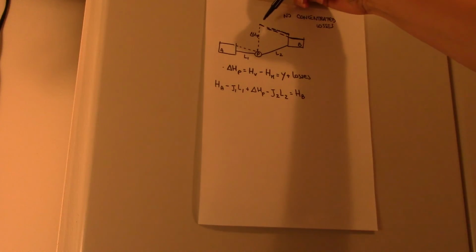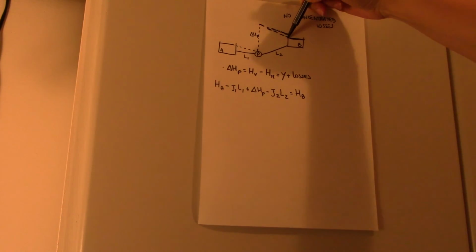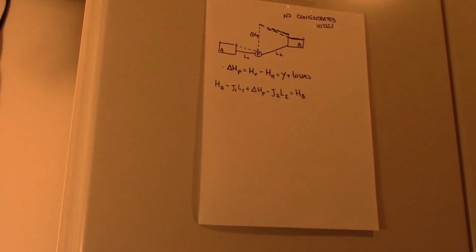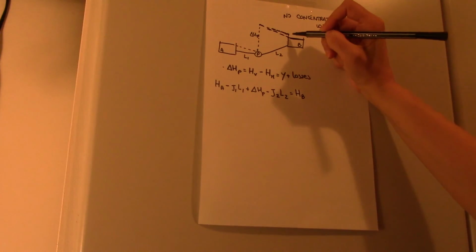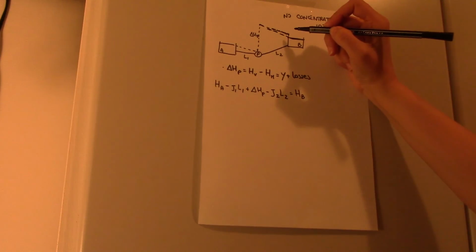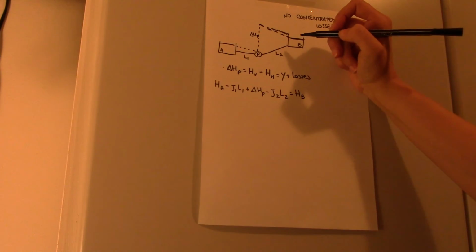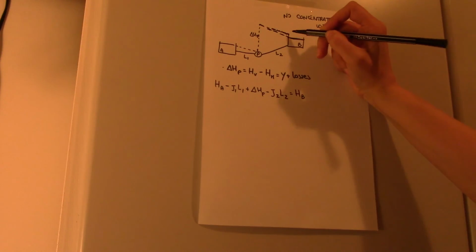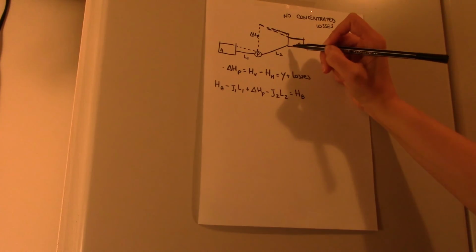So again, from this point, you link this point to the free surface level in tank B, because we are not considering right now the concentrated losses at the exit of your pipe.